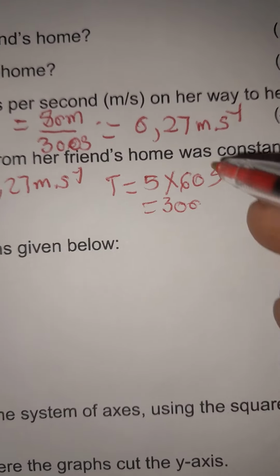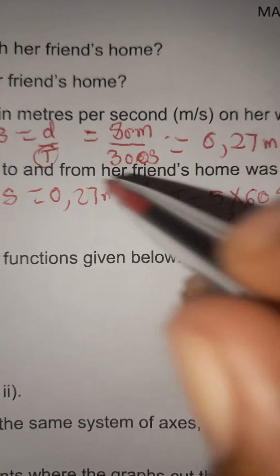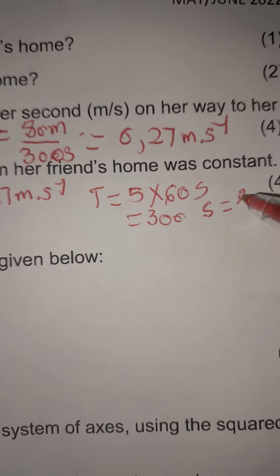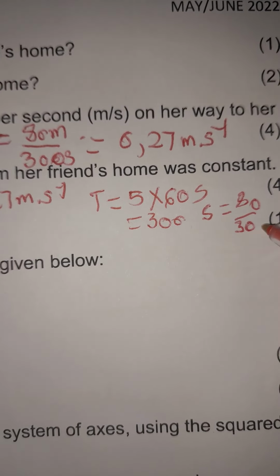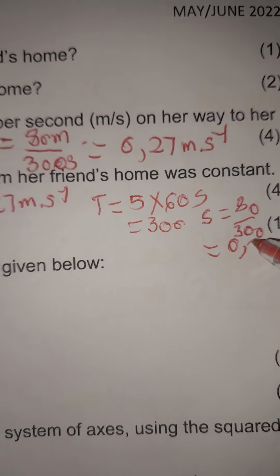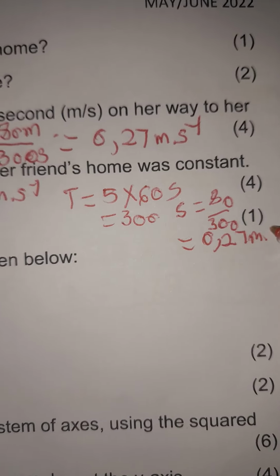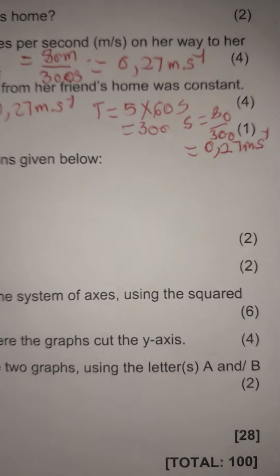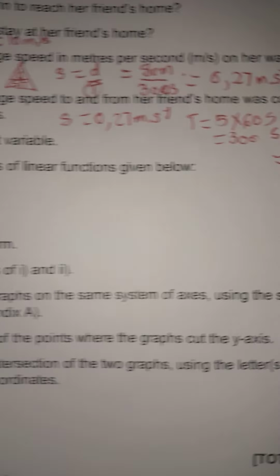To prove that it was constant, we use the same formula, speed is distance over time: 80 divided by 300, which also gives 0.27 meters per second. So it was constant indeed. We have shown that we have a similar answer.